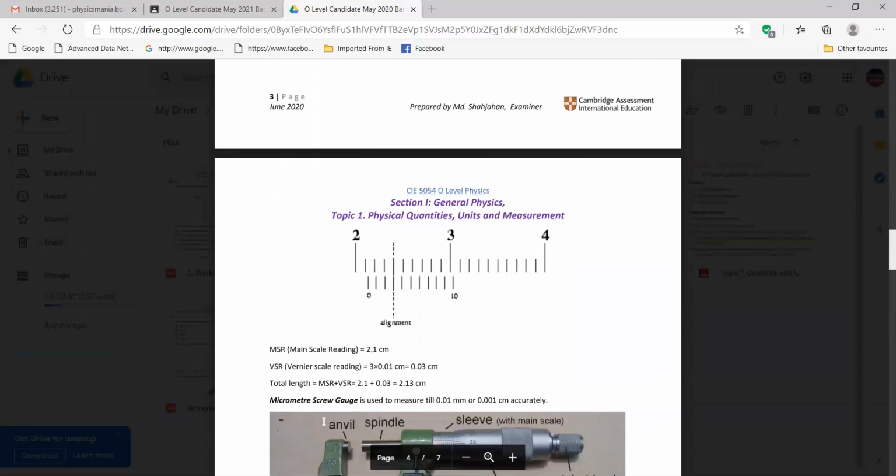So it comes 0.03 centimeter. And total length is MSR plus VSR equals 2.1 plus 0.03 equals 2.13 centimeter. Are you clear now how we got this reading? Yes, sir. Clear.